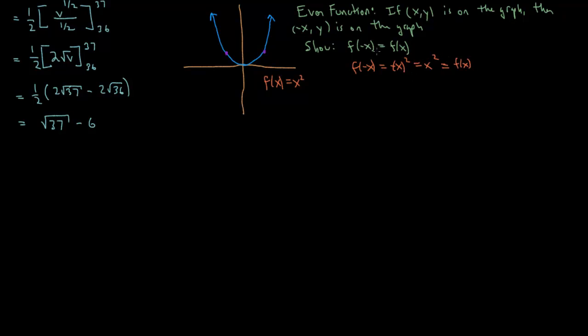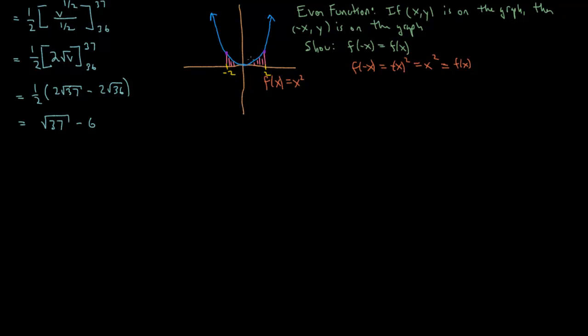Now, here's what the theorem said. The theorem said that if you have this situation and you're integrating, let's say, from negative 2 to positive 2, then your answer is the exact same thing as double either side.